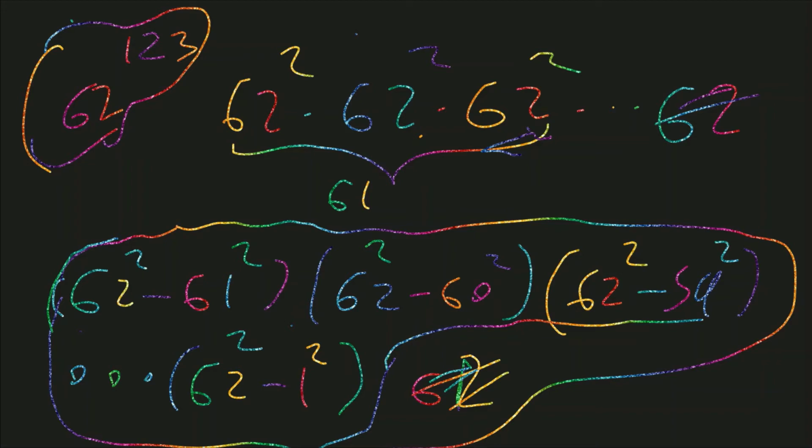Because these numbers are smaller than 62 squared, we can come to the conclusion that 62 to the power 123 is greater than 123 factorial.